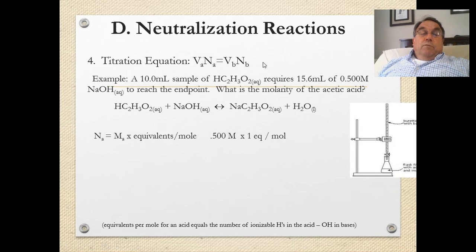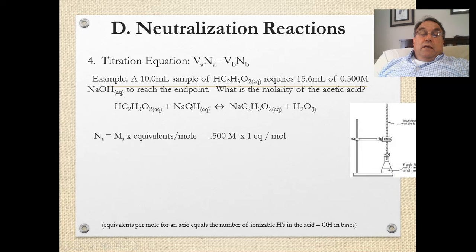Okay. So VA NA equals VB NB is the equation. The volume of the acid is 10. The normality of the acid is what we don't know. The volume of the base is 15.6. And the normality of the base, well, it's 0.5 molar.